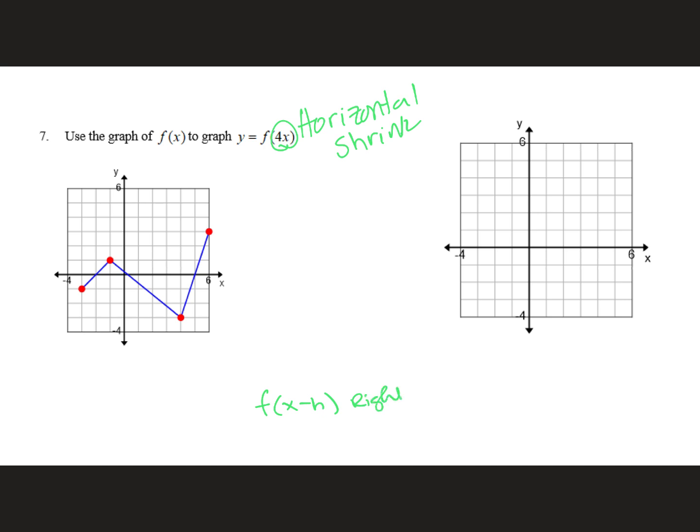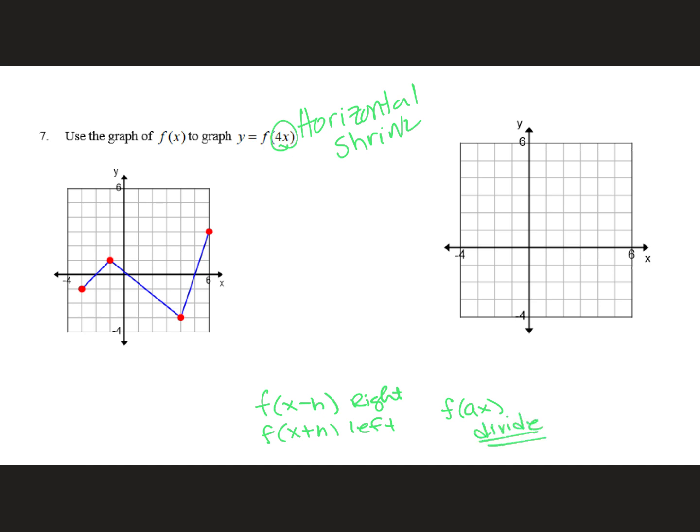That's opposite of what you would think would happen, right? X plus h is going to be a left movement, opposite of what you would think happened. You would think negative is left, positive is right, but it's not. So when we have ax, we're going to do opposite. We're shrinking it, so that means we're going to divide by it.